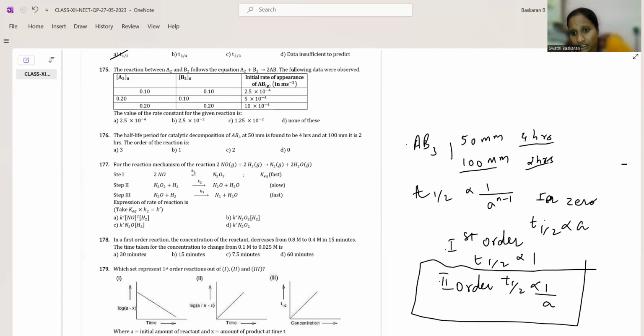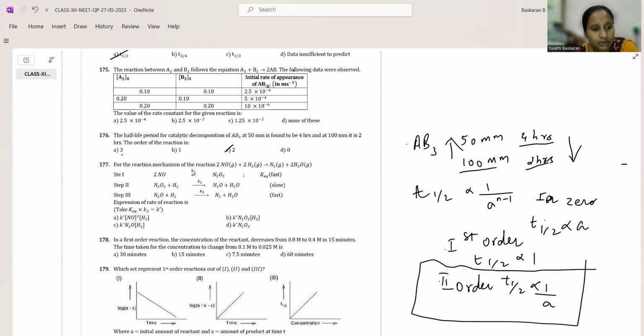Here the concentration is increasing whereas time is decreasing. This condition is applicable only in the case of a second order reaction. So this is a pattern question based on T half, and hence you can easily predict the answer, where the order of the reaction is identified to be 2.